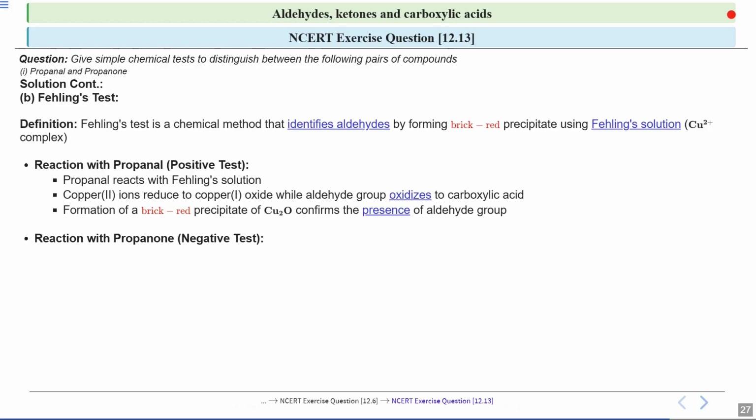Next, if we test with propanone, which is a ketone, you will see that no color change happens. When propanone is added to Fehling's solution, there is no reaction. Ketones do not have the reactive hydrogen atom next to the carbonyl group, so they do not react with Fehling's reagent.